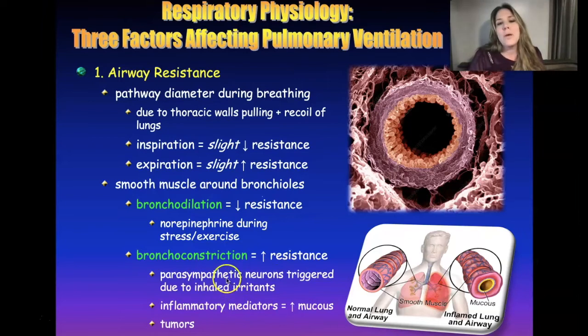This can also happen just because inhaled irritants cause parasympathetic neurons to be triggered. Or you can get an increase in resistance from things like tumors, which are blocking the flow of air. Either way, we're getting signals to those smooth muscles to constrict the tubes, and thus we are increasing resistance and slowing down the flow of air.